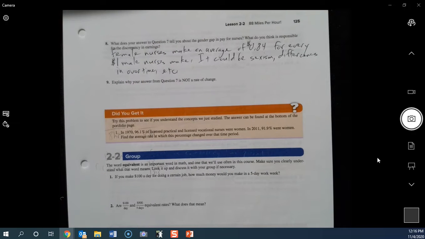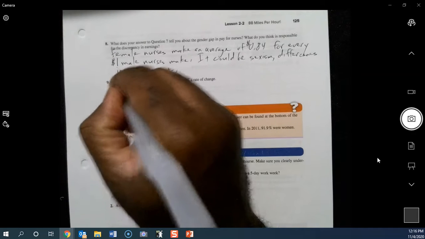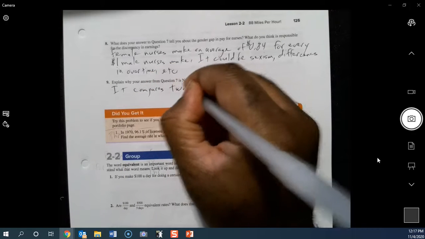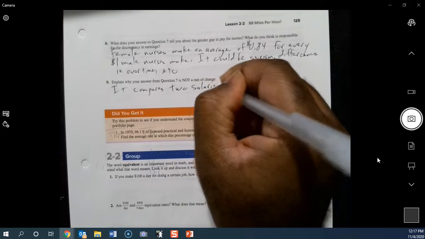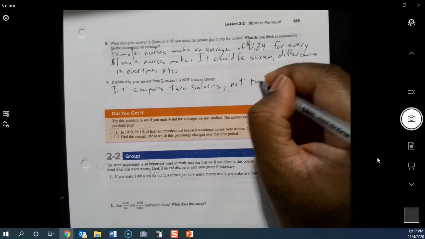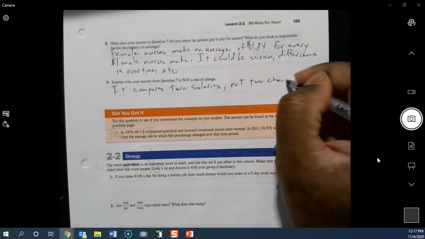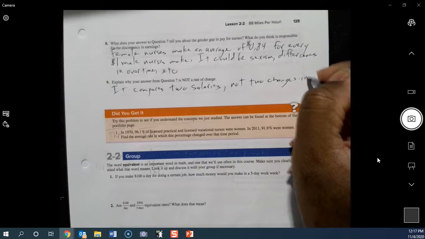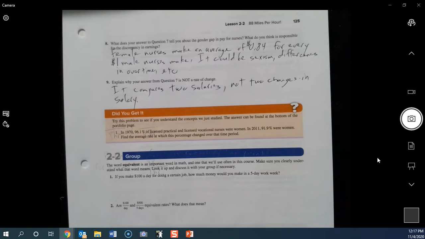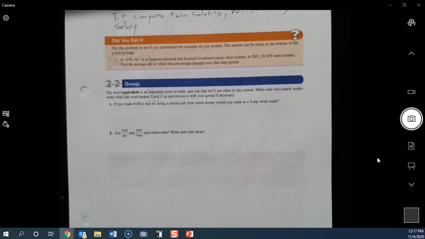All right, now it says explain why your answer from question 7 is not a rate of change. And the reason being is it compares two salaries, not two changes in salary. Okay, now we scroll down here.